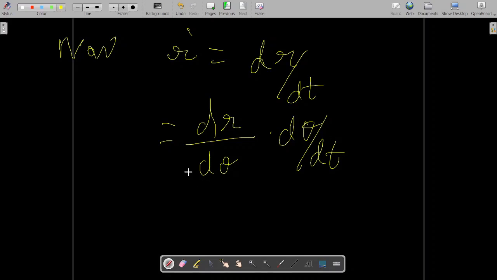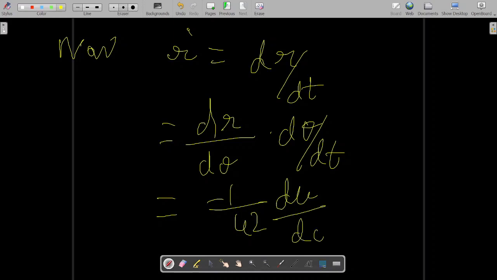What is your dr by d theta? Your dr by d theta will be minus 1 by u square du by d theta. And d theta by dt has already been given to you, which is h by r square.